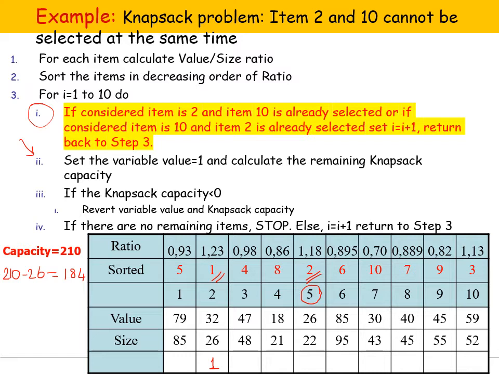And we make its variable value equal to 1. And then we check what happened to the capacity. 184 minus the size of this new item, which is 22, it's 162. So we have enough capacity, and we return back to the beginning of the step.